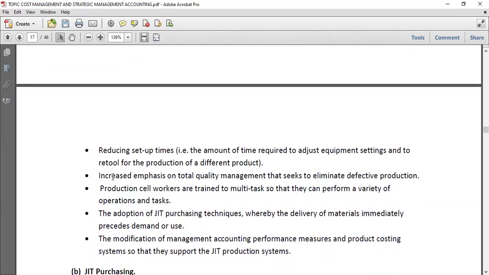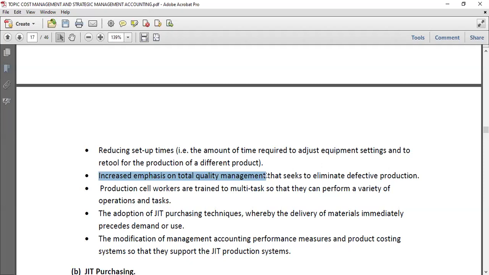JIT also emphasizes total quality management. Total quality management is also one of the concepts of the strategic management cost control system, but it also works here. By total quality management, we are saying that everyone in the organization is focused on improving quality, from the gateman to the salesperson to the person in production. It's not a production department business alone.